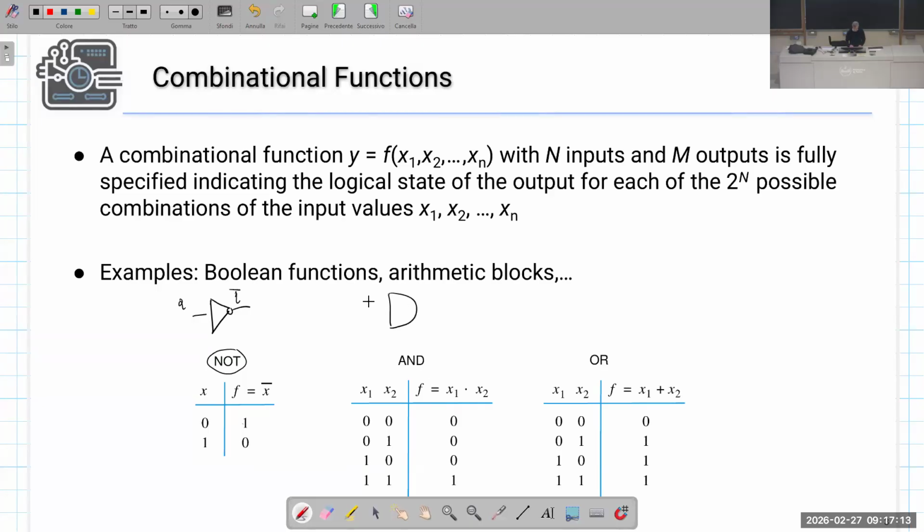In this specific example, we have two inputs, x1 and x2, and one output, let's call it y. We can fully specify this two-input, one-output function if we specify the value of the output for each combination of the values of the inputs.